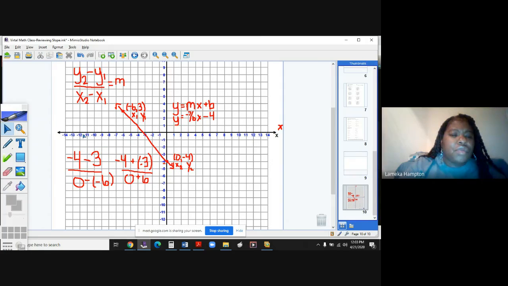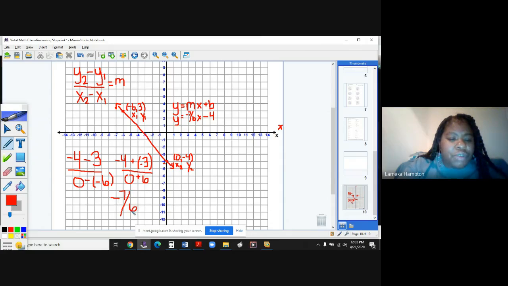All right. The only thing I did, I just substituted my numbers in for the equation. And I had -4 minus 3 over 0 minus -6. I used my keep, change rule for both top and bottom. And when I solved, my answer was -7 over 6.